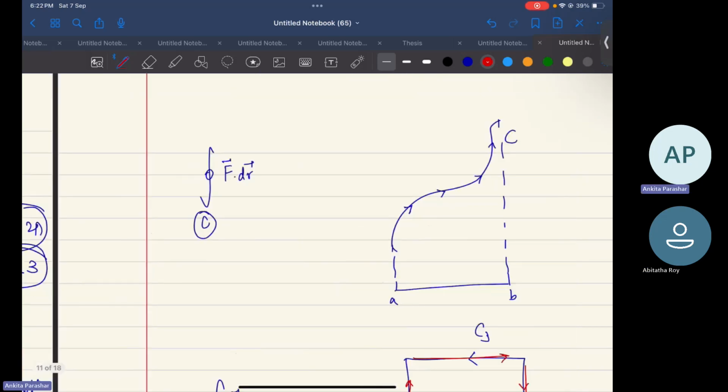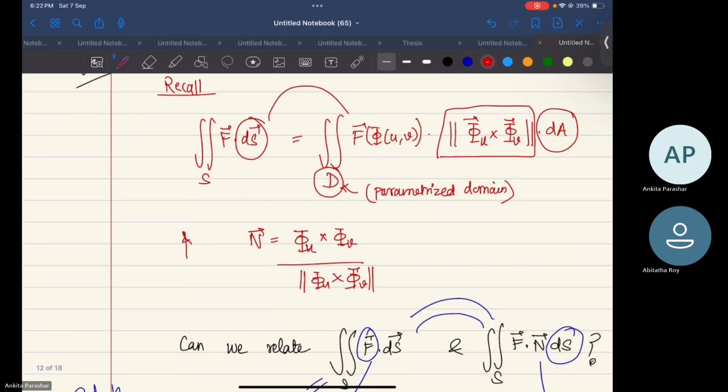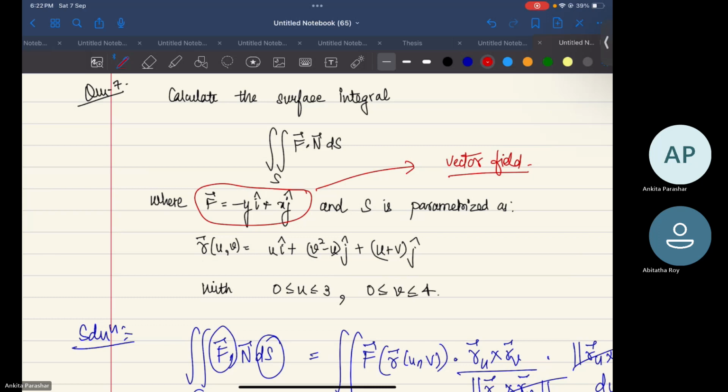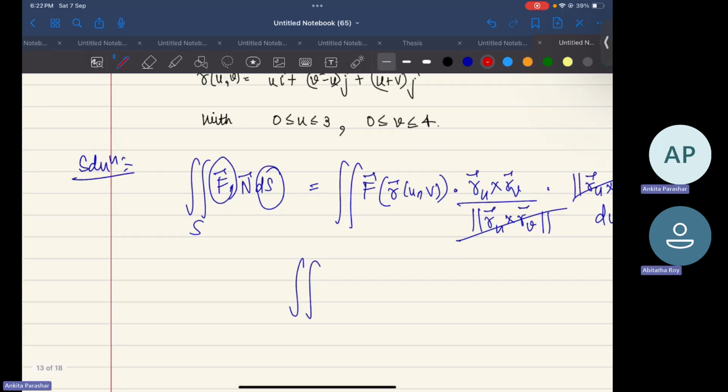Anywhere else? No. But in this question, look at this. It's a vector field. This kind of quantity is actually called flux. So this we call a flux integral.